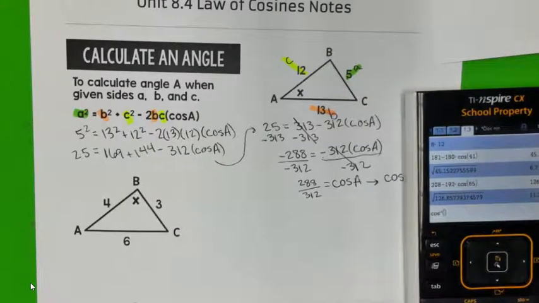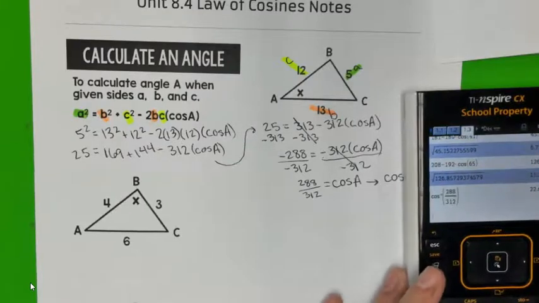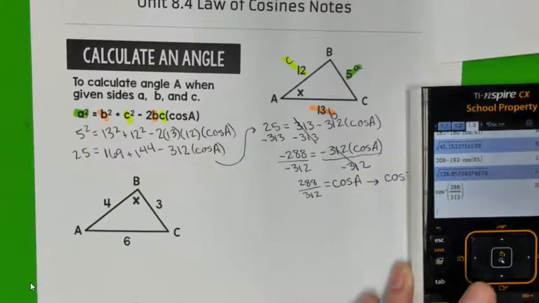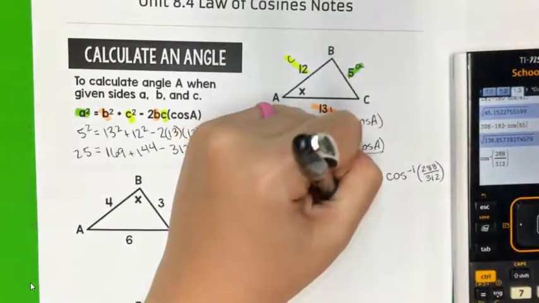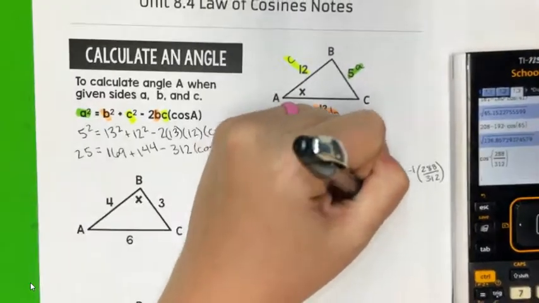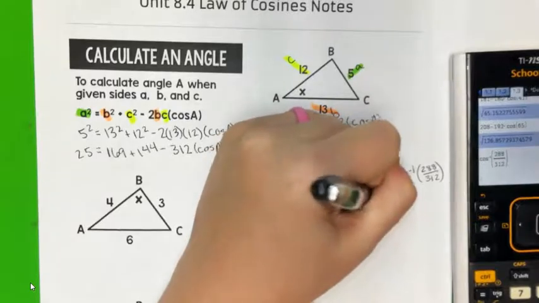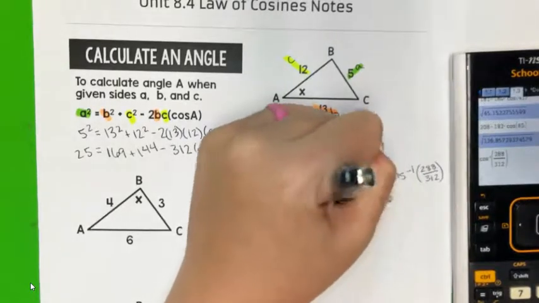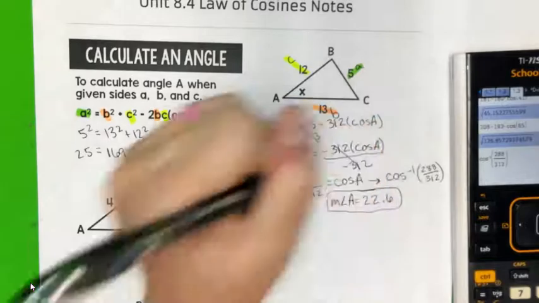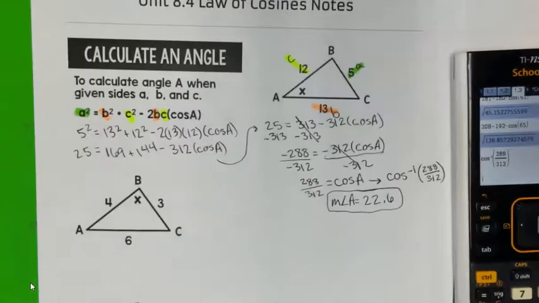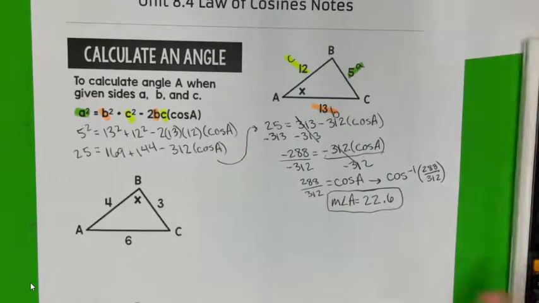Cosine inverse of 288 over 312, and we get approximately 22.6. So the measure of angle A is about 22.6 units, or degrees. All right, so that's how we do it. Let's do another one.